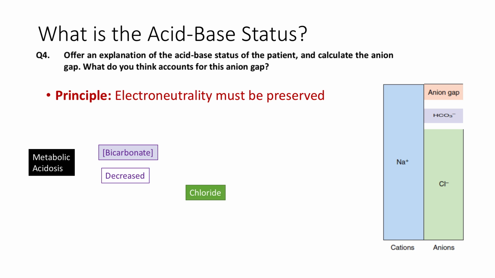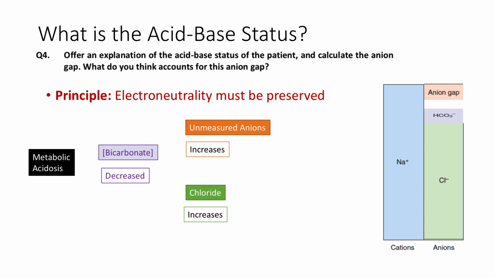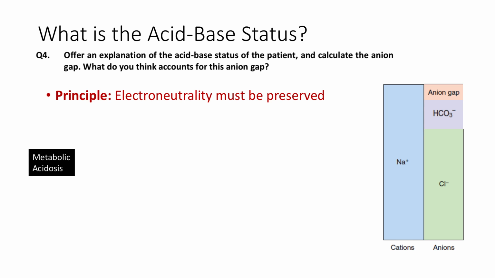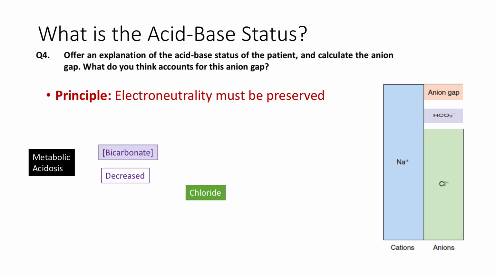Increase. It's either my chloride increases, or my anion gap increases to fill the gap. The cation is the independent variable here. Of course there are situations where the Na does decrease, but usually it just stays the same. So again, bicarbonate decreases, it's either the anion gap increases or the chloride increases, right?